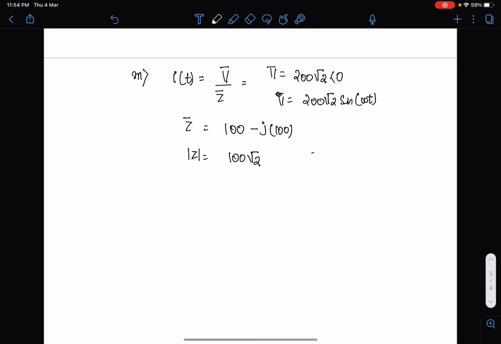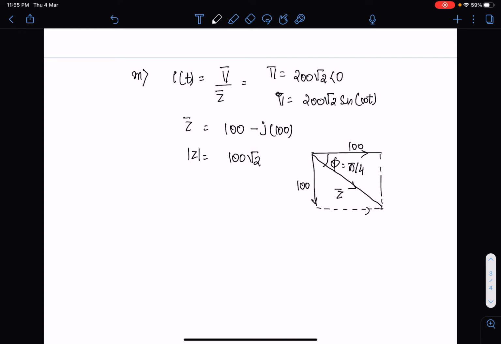And if you observe the phasor diagram, this vector is 100, and to this we have to add this vector 100, right? And this is their resultant. So this is basically the Z phasor, and this angle is phi, which is pi by 4.